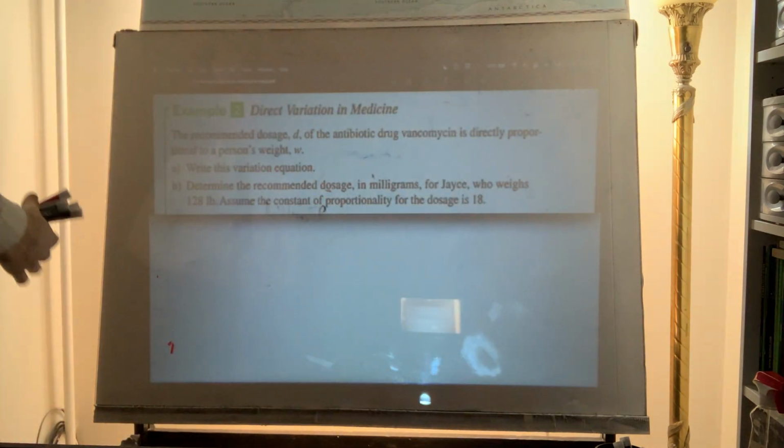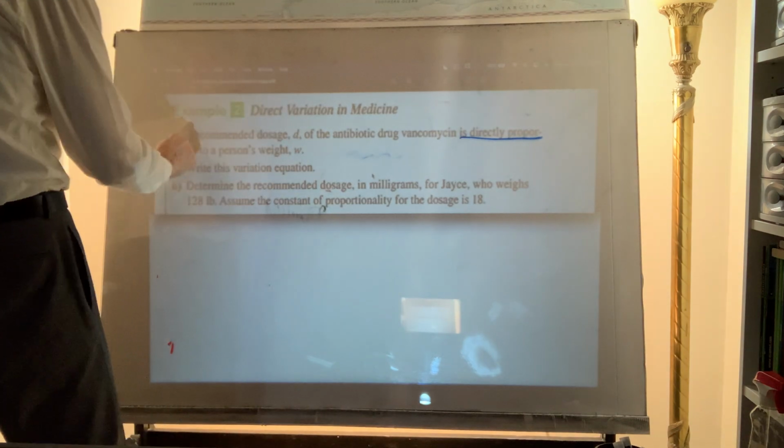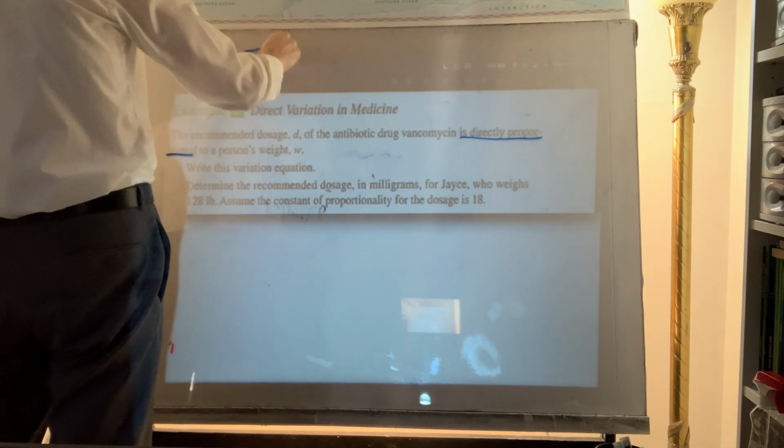Direct variation in medicine. The recommended dosage D of the antibiotic drug vancomycin is directly proportional to a person's weight. Key phrase here is directly proportional to. So we have this model once again: y equals k times x.